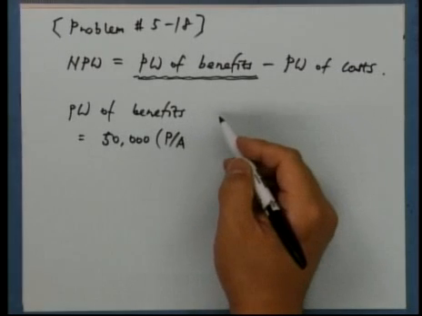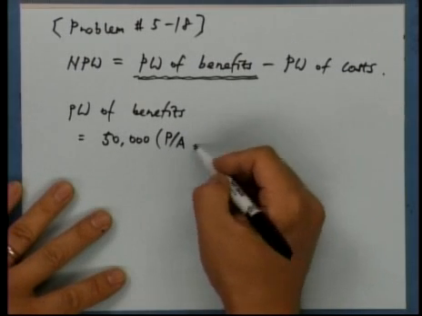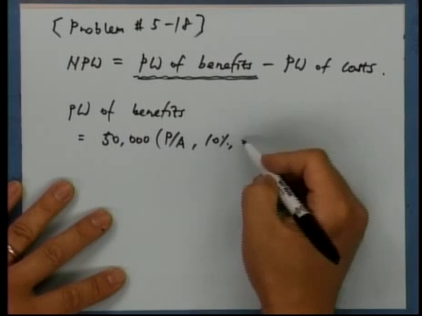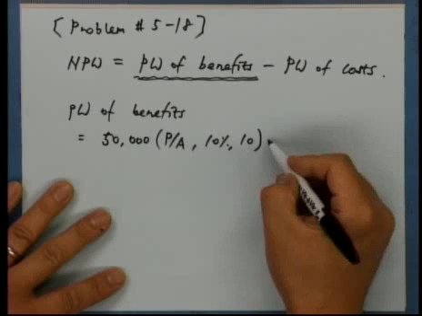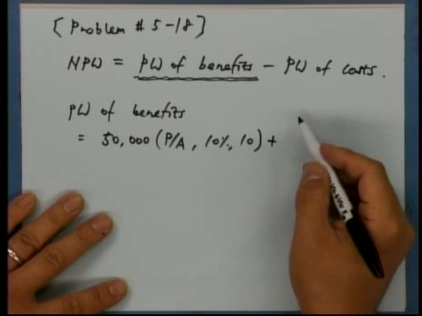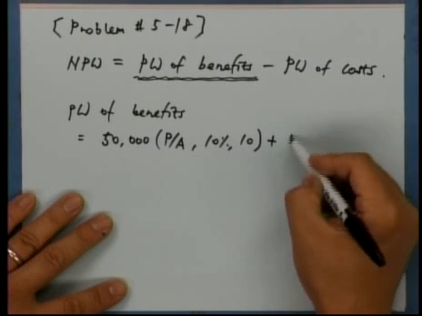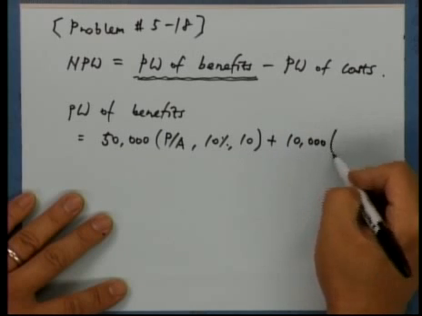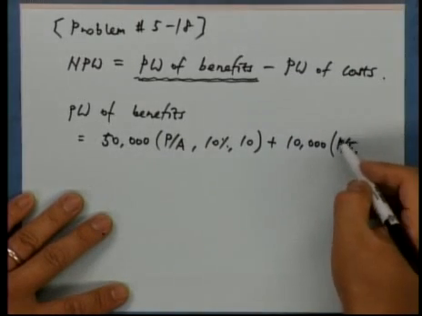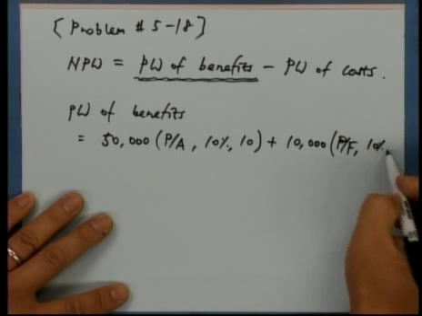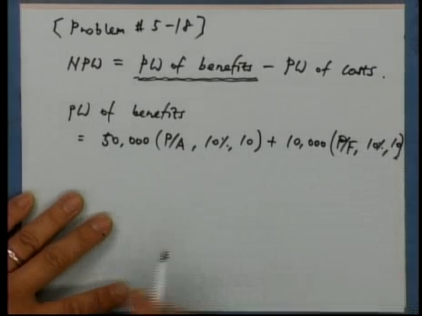So 50,000 times P given A, 10% over 10 years, right? And at the end of 10 years, there is a service value of $10,000. So 10,000 times P given F, 10% over 10 years, right?